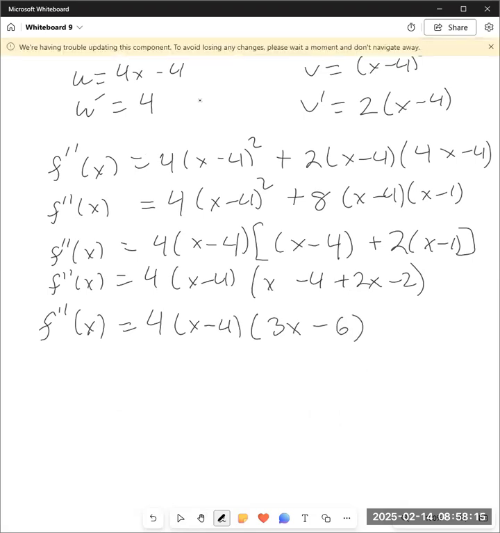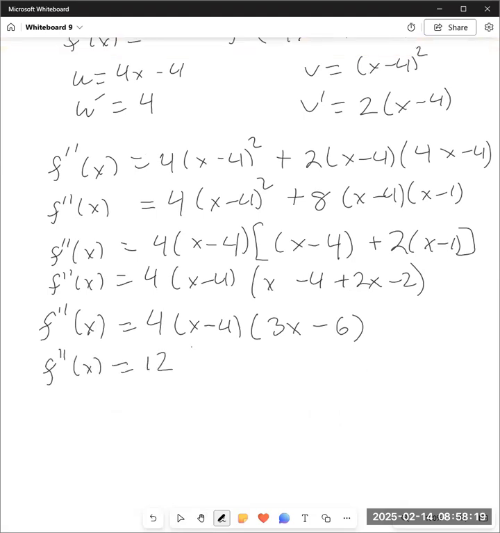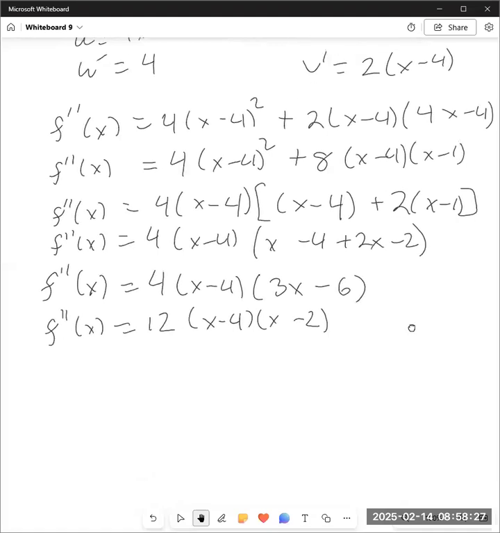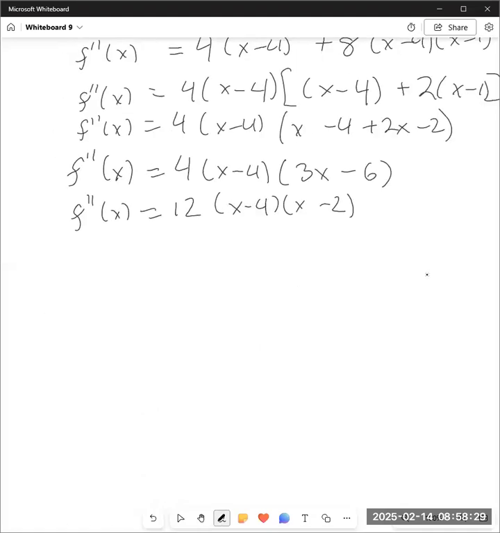So that 3 can come out with this 4 to make it 12. X minus 4, x minus 2. That gives me zeros of my second derivative of x minus 4 equals 0, or x minus 2 equals 0, x equals 4, or x equals 2.